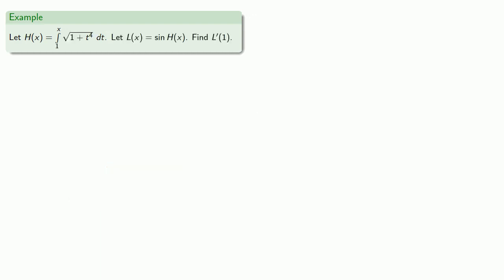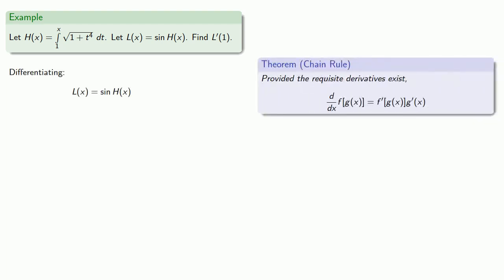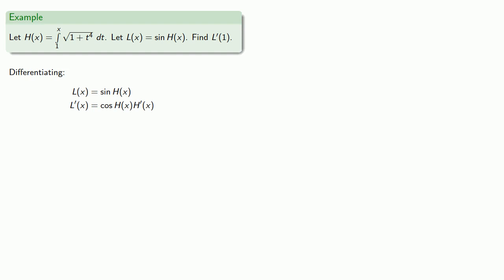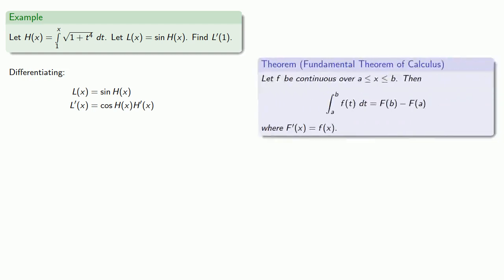Or let's take another function. Let L of x be the sine of h of x, and let's find L prime of 1. So again, chain rule, the derivative of L of x will be, now we do need to find h prime of x, so we'll pull in our fundamental theorem of calculus.